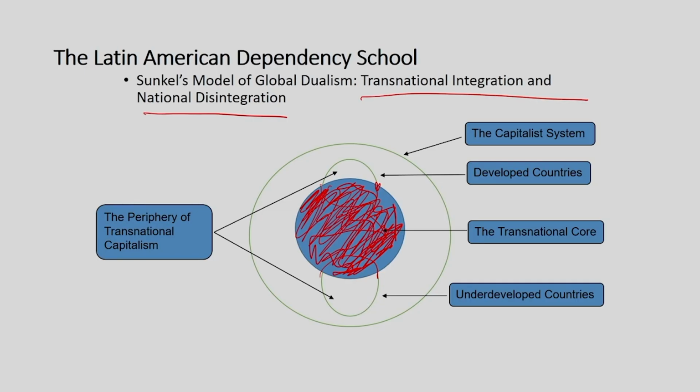According to Sankel, the conventional theory of international trade makes a fundamental mistake by considering countries to be distinct units of an economic system in which transactions between these units take place. The global system is instead characterized by two distinct but interacting structures.